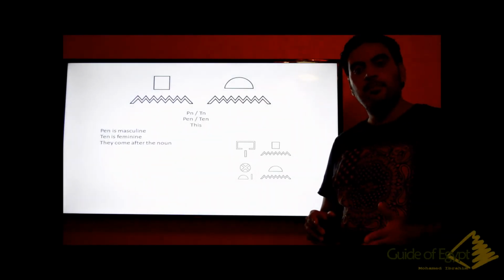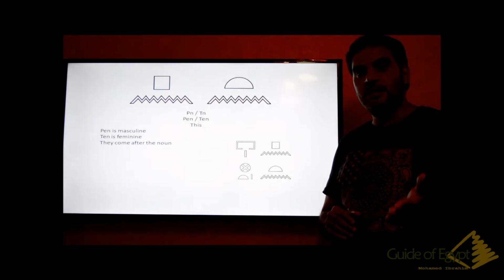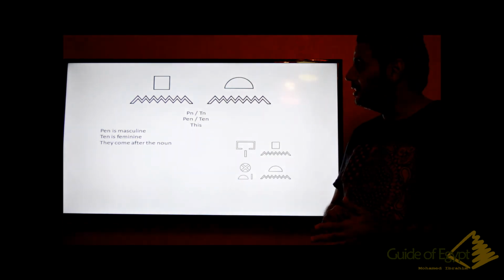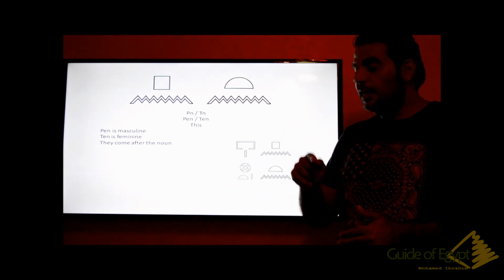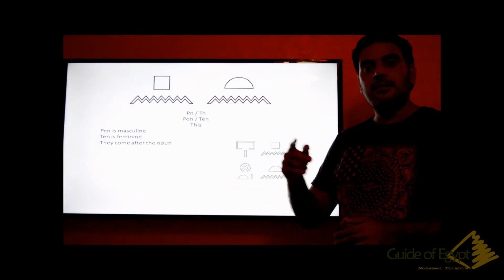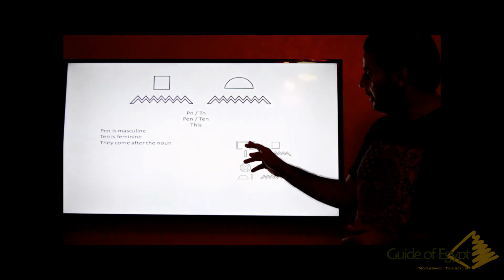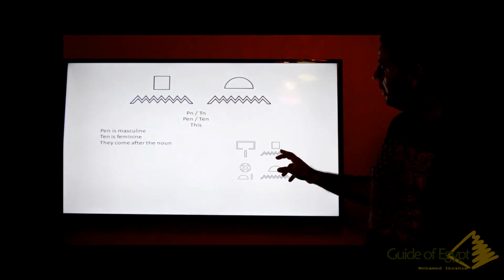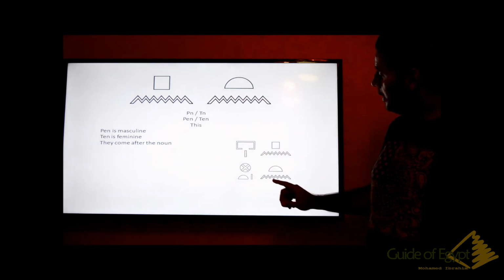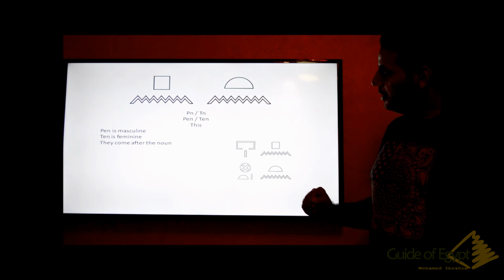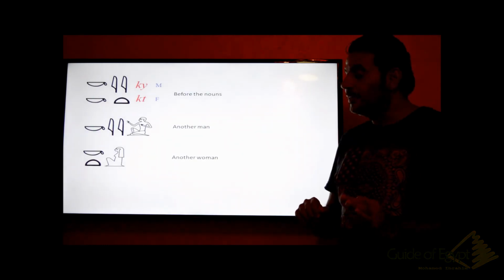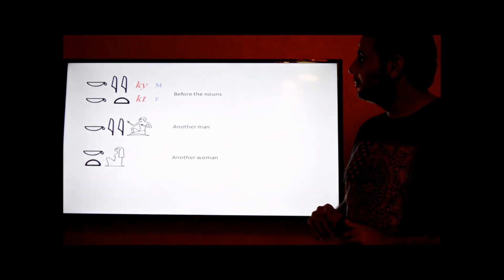It doesn't come before the noun like in English. No, it comes after the noun. So I say man this, woman this. Es ben, set ten. And here is the example: ber ben, this house. Newt ten, this city. So you must be aware it comes after the noun.